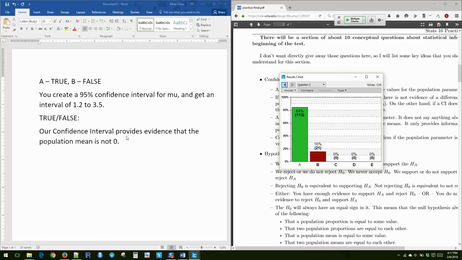All right, so our confidence interval provides evidence that the population mean is not 0. That is true, okay? We have evidence that the population mean is between 1.2 and 3.5. So we would say, values between 1.2 and 3.5 are plausible. 0 is outside of this range, so it is not a plausible value.